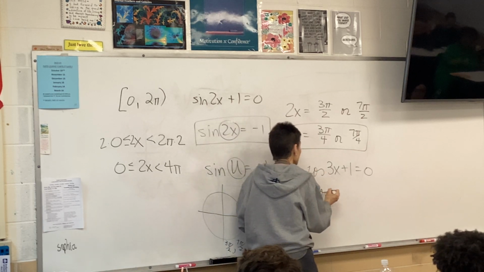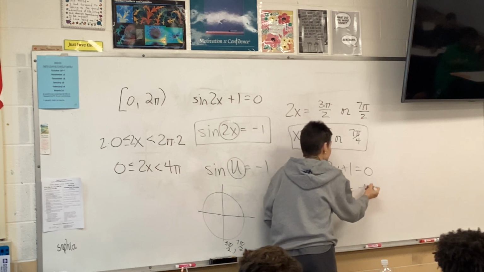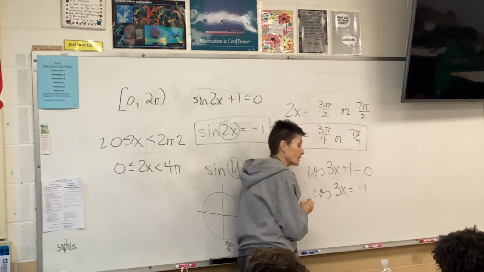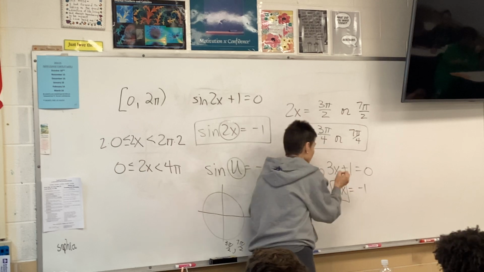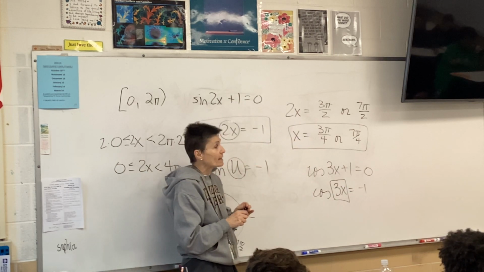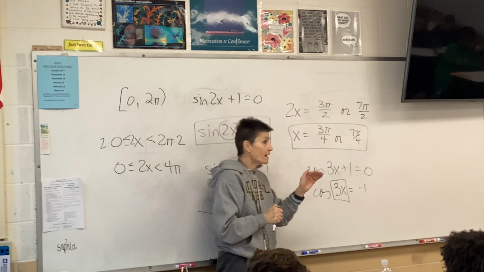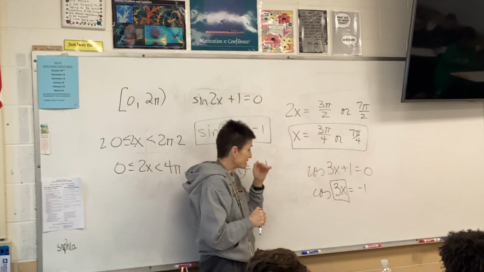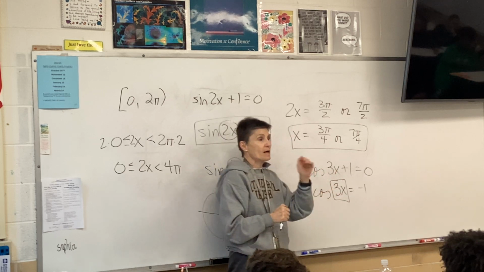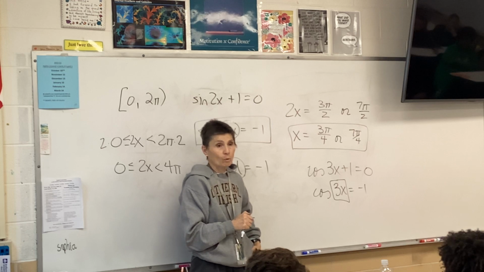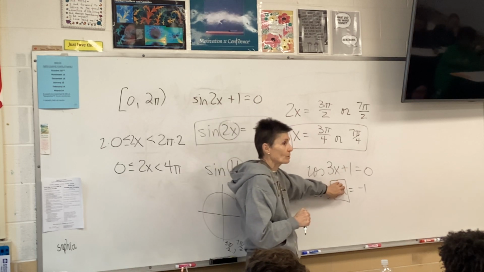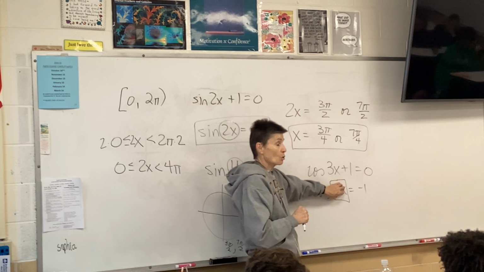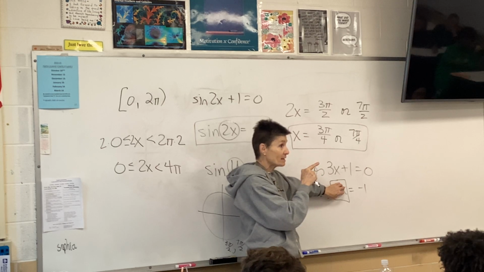I'm just gonna say the cosine of 3x is negative 1. And then I'm gonna look at the big picture. I'm not gonna be all hung up about that 3x. I'm gonna say, okay, what angle is it that when I take its cosine, I get negative 1? What has to be in that box, in other words? Pi.